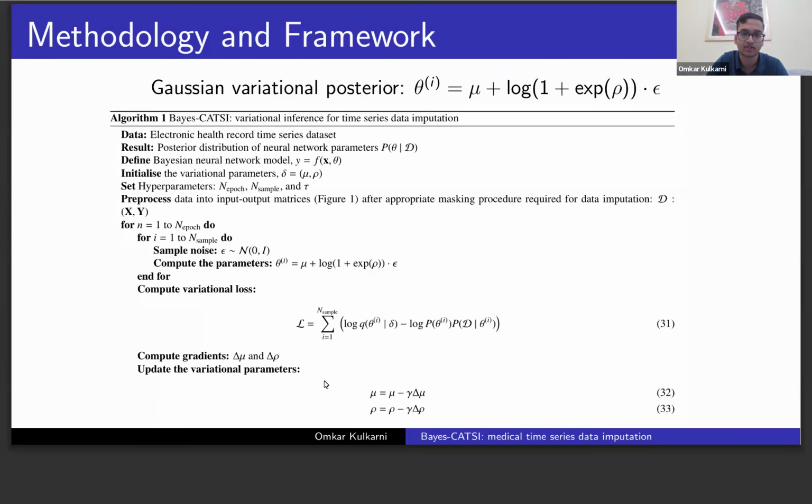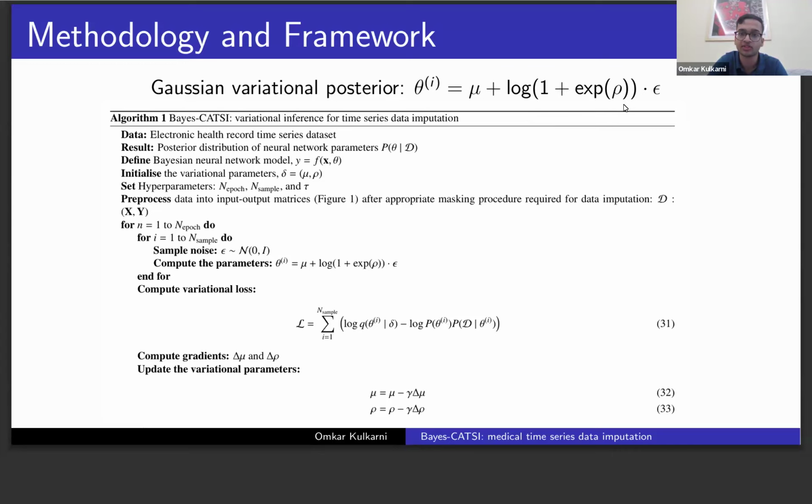So the algorithm here gives us an idea of how the model works. As we see here, the variational parameters that we have are delta, which is comprised of the mean and rho. Rho is used to calculate the standard deviation of the variational posterior in this way, in which we basically calculate the log of 1 plus exponent rho.